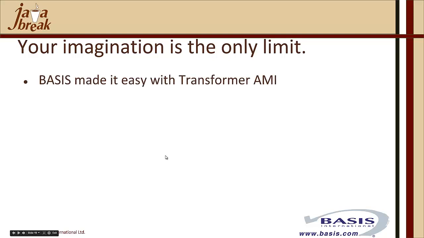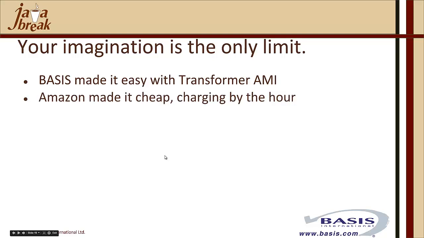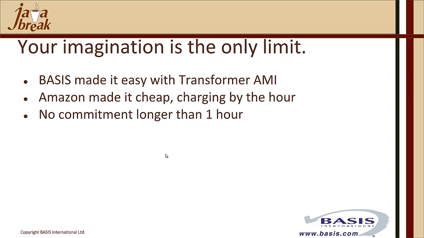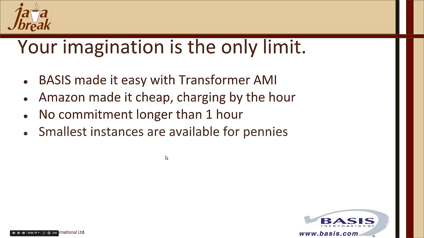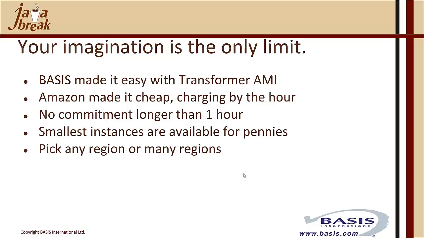Basis has made it easy with the transformer AMI. Amazon made it cheap because they charge by the hour, and there's no commitment longer than 1 single hour. The smallest instances are available for only pennies. You can pick any region or many regions in which to run instances of the basis transformer AMI.